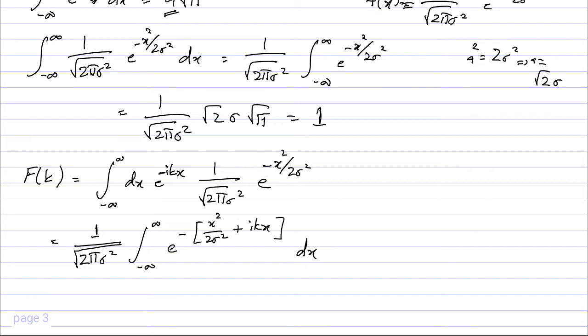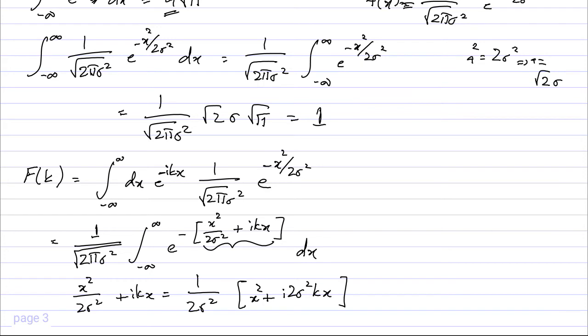Now what I do is complete the square over here. Essentially I have x square over 2 sigma square plus i k x. This is going to be given by 1 over 2 sigma square, which I take outside, so you have x square plus 2i sigma square kx.